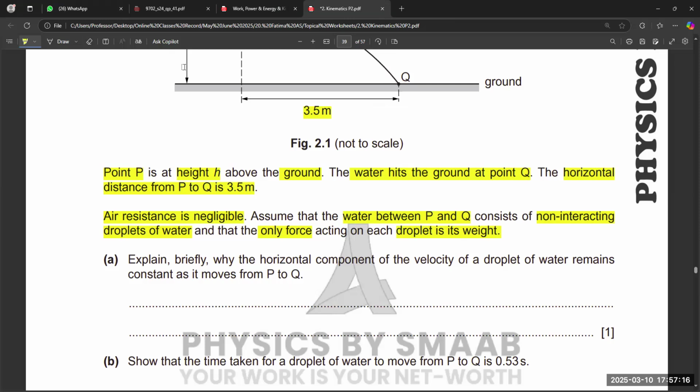Explain briefly why the horizontal component of the velocity of a droplet of water remains constant as it moves from P to Q. So for 1 mark, we need to explain why the horizontal component of the velocity of a droplet of water remains the same. So any idea how to explain?